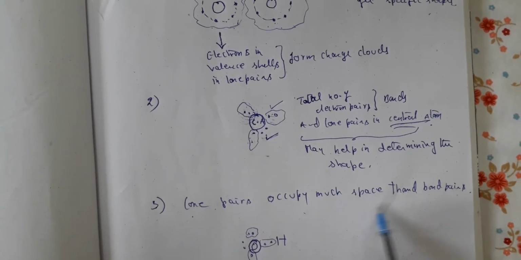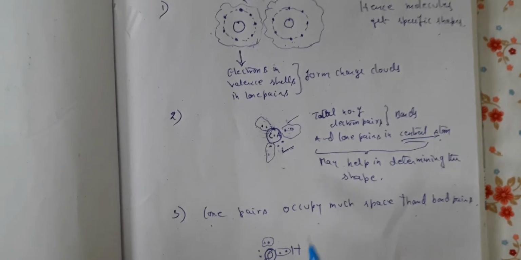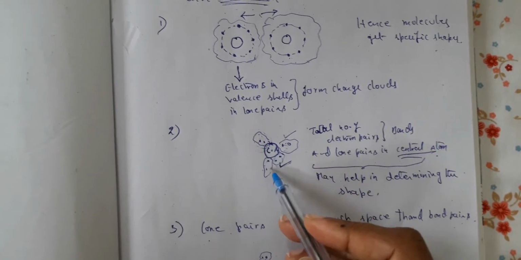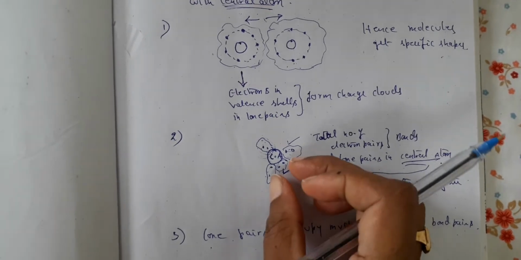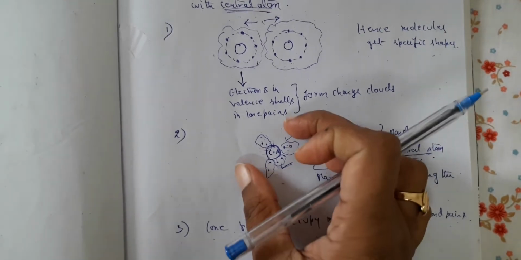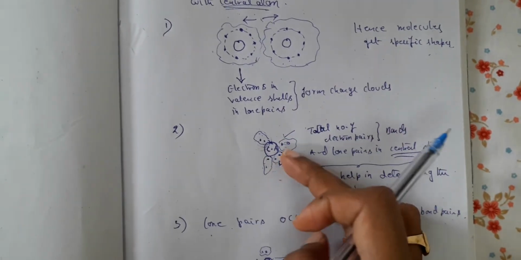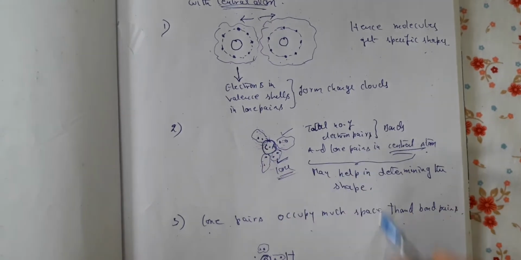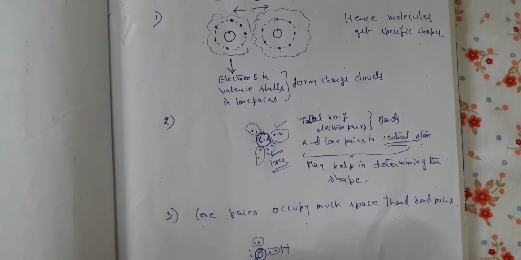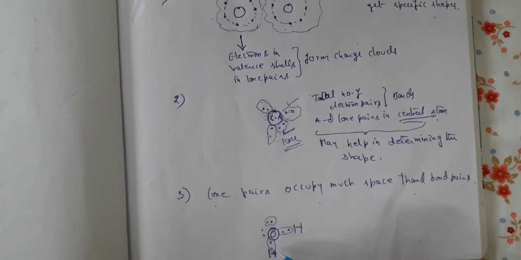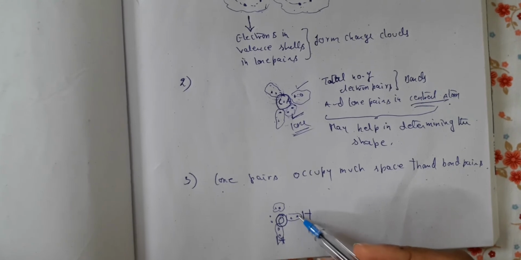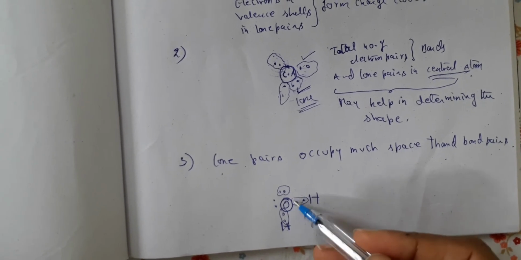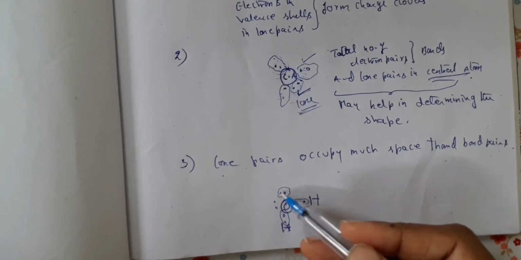Lone pairs occupy much more space than bond pairs. Whichever lone pairs are there, they occupy more space than the bond pairs. They push the bond pairs away from them and try to occupy more space. Suppose you take a water molecule: hydrogen contributes one electron and oxygen contributes one electron, so two bond pairs are formed, and oxygen also has two lone pairs.